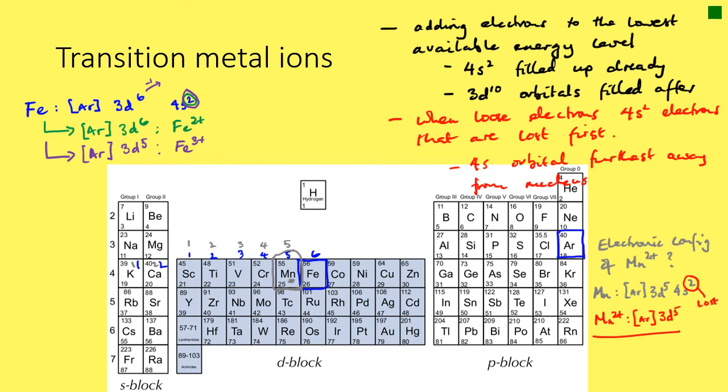So first of all, we're going to find manganese on the periodic table. There it is there. And our first step, just like with iron, is that we would write out the electronic configuration of a manganese atom. And we start off with argon again.